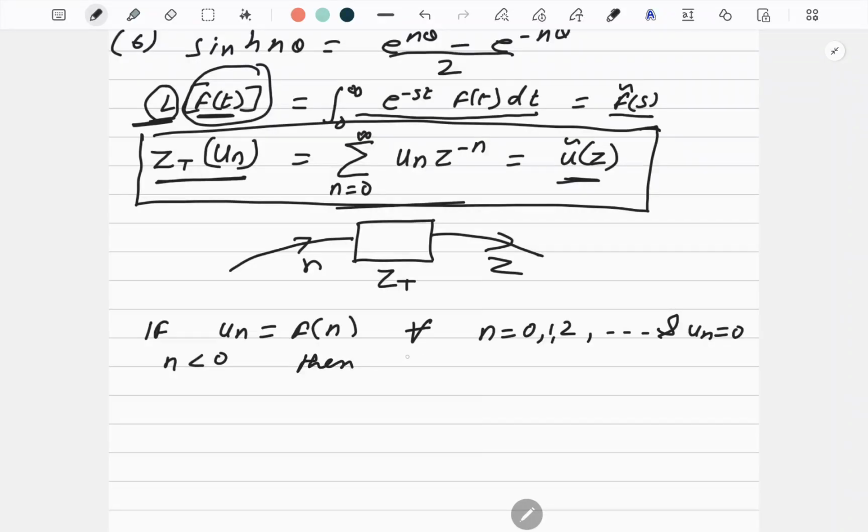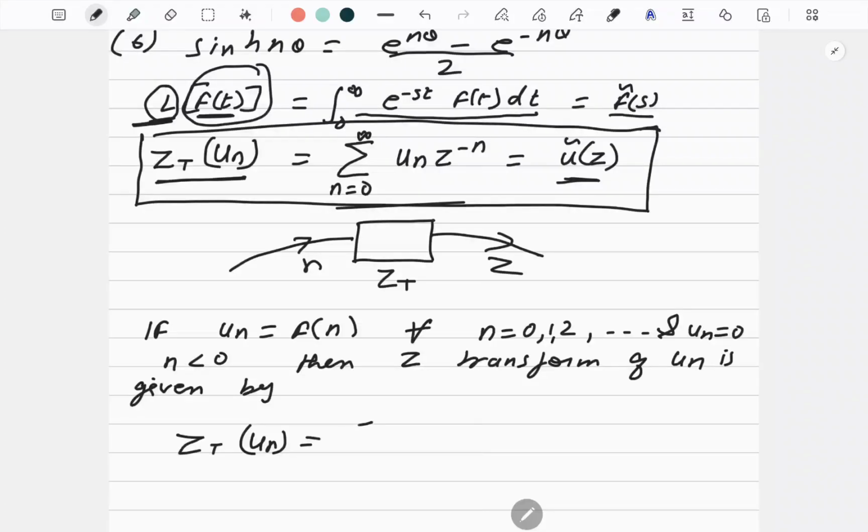Then the Z transform of u(n) is equal to the summation n equal to 0 to infinity of u(n) z to the power minus n, and my answer will always be in terms of z.